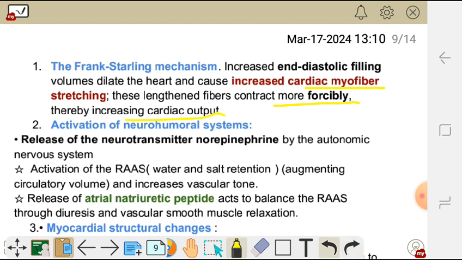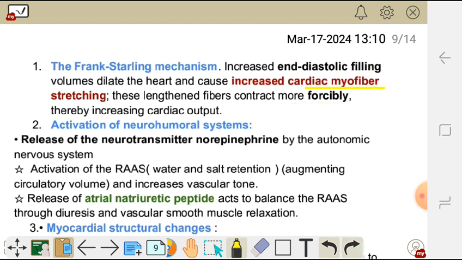So this is a mechanism which is applied to compensate for the failure of the heart, where the end diastolic filling of the left ventricle is increased. That increase will stretch the myofibers.